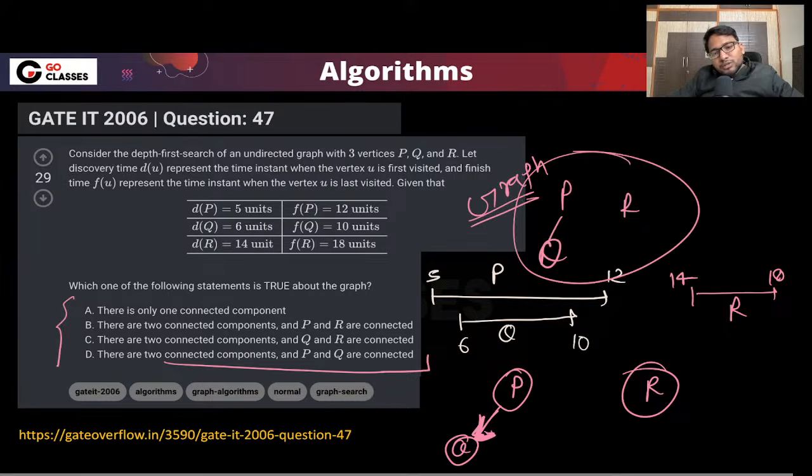See, using the parenthesis theorem, can't you solve this very easily? Let me know. If you don't know the parenthesis theorem, then it will be a little tricky. But if you know the parenthesis theorem, then you can definitely solve these kinds of questions very, very easily. That's why the parenthesis theorem comes in very handy. We will see many other questions on this parenthesis theorem, don't worry.